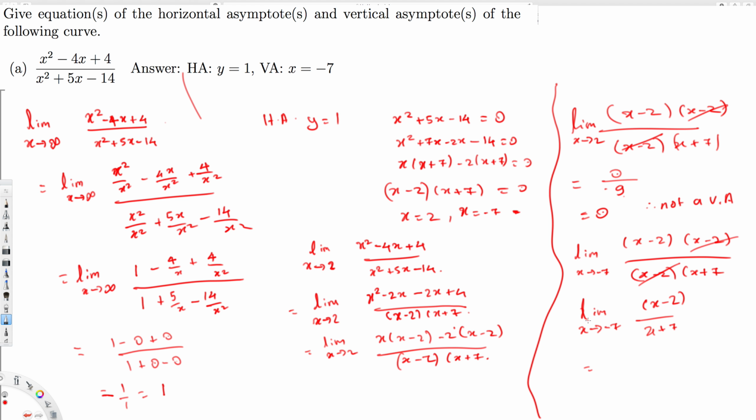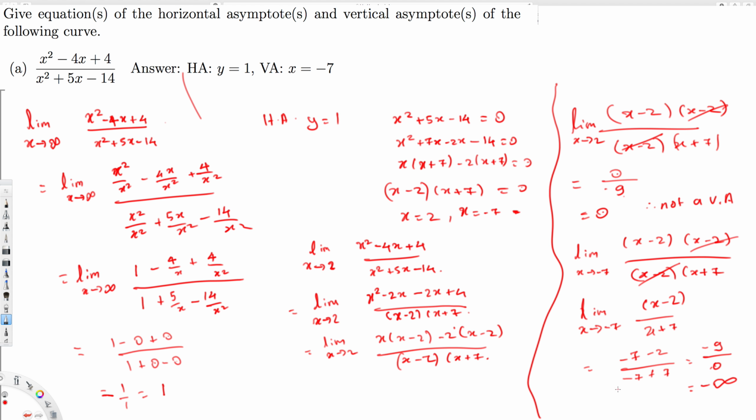Now I am substituting minus 7, so minus 7 minus 2 is going to be minus 9, and minus 7 plus 7 is going to be 0. So minus 9 over 0. If you divide a number by 0, it's going to be infinity. So this is going to be negative infinity. Therefore this is my vertical asymptote.